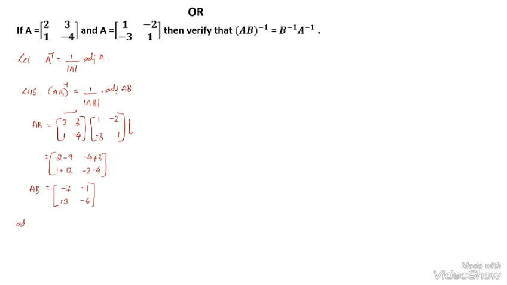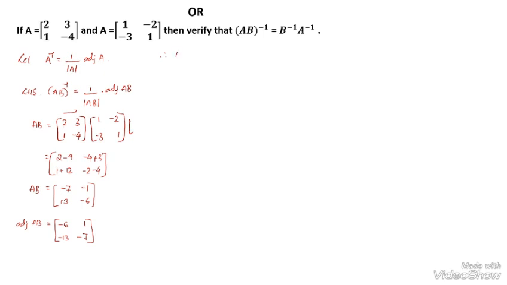We want the adjoint of AB, so we change the values. The adjoint of AB means the values will change: I change the signs, giving minus 6, 1, minus 13, minus 7. This is the adjoint of AB.